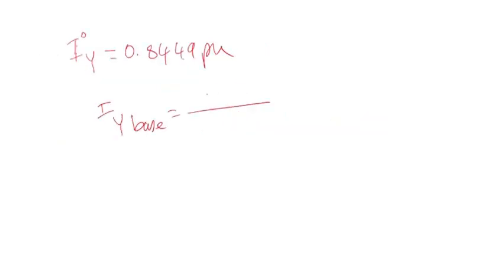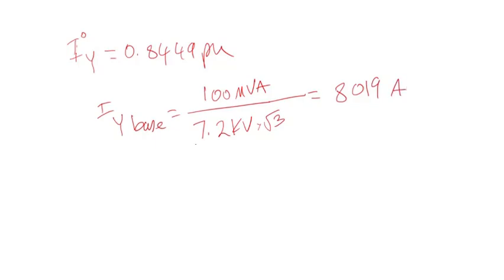So it's 100 MVA divided by, let's say this is a 7.2 kV winding times square root of 3. So the current would be 8,019 amps.